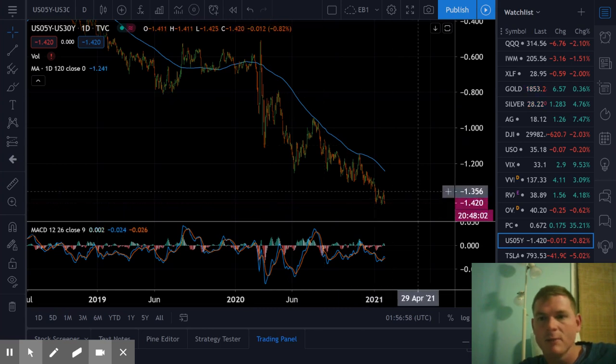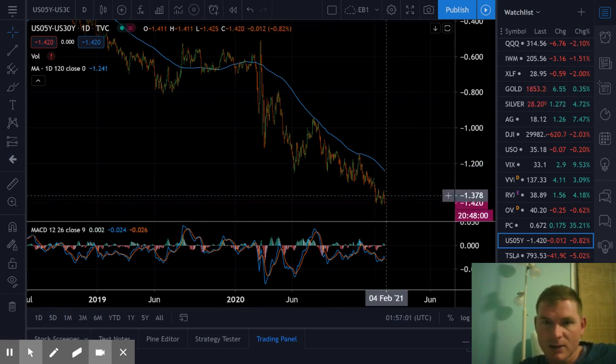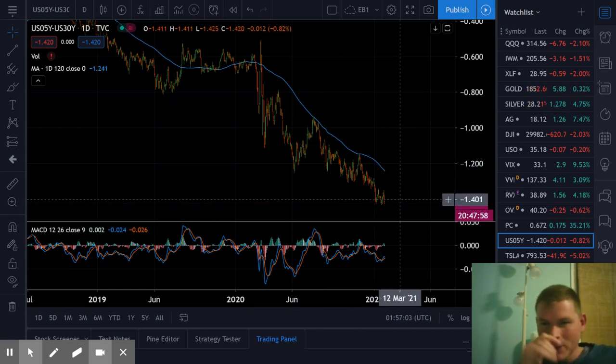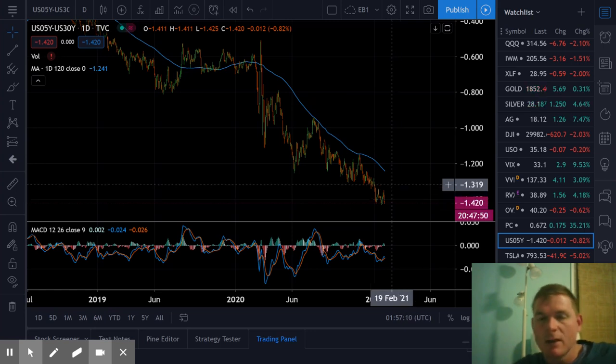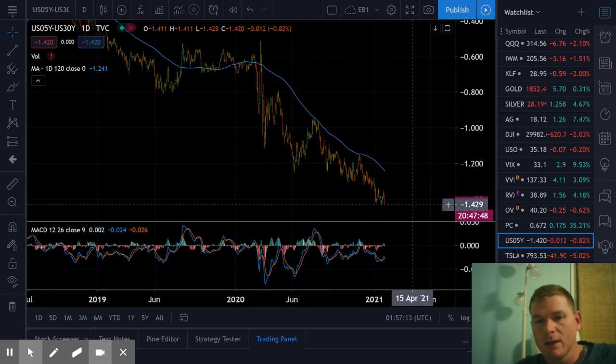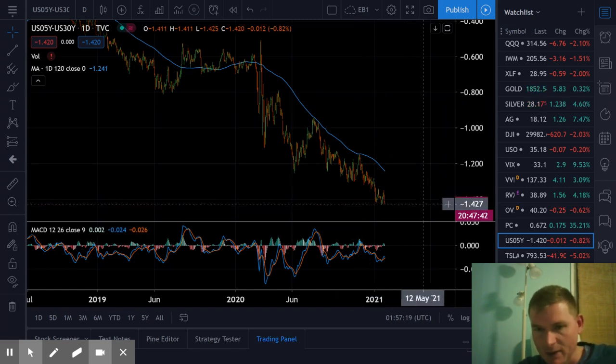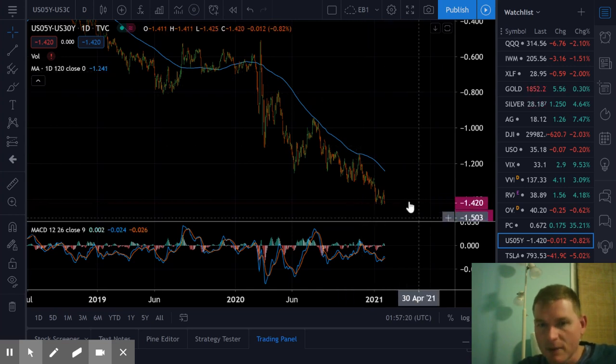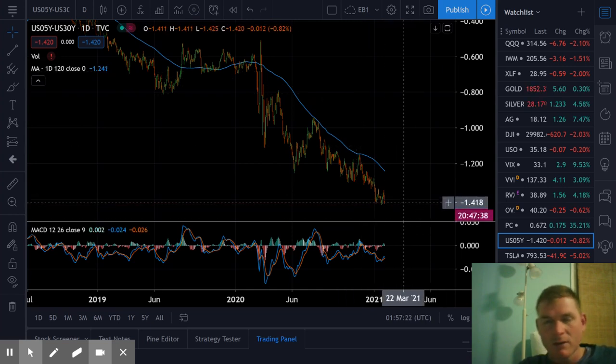Banks make money on the spread, so it's a pretty good indicator of what to expect from interest rates. This coming down means interest rates are weaker and the Fed funds rate might get set lower. And when they drop the Fed funds rate, it's generally bad for the markets.